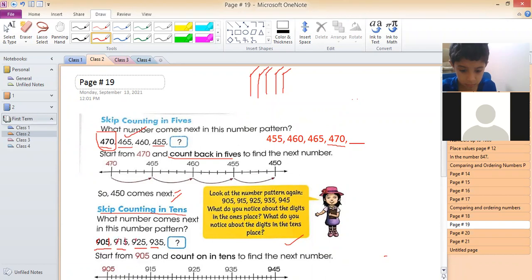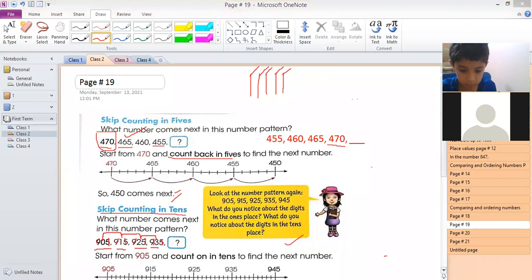The only number that changes is the number on the tens place. It was 0, then 1, then 2, then 3. So after 3, what comes? 4. Very good.